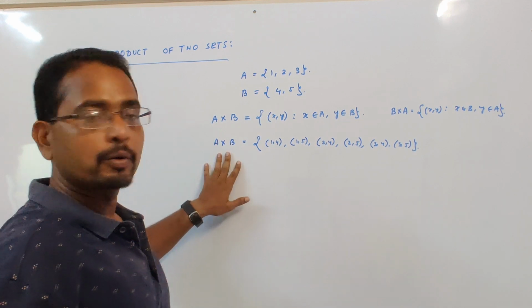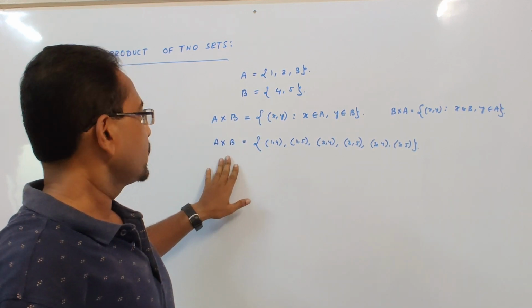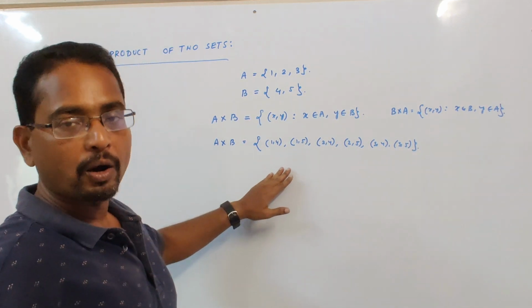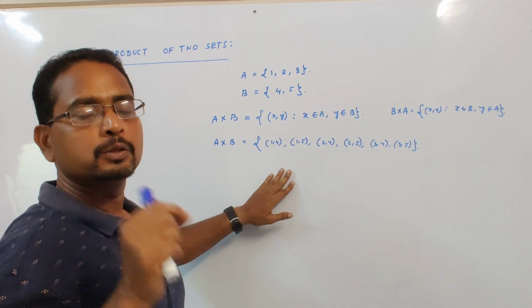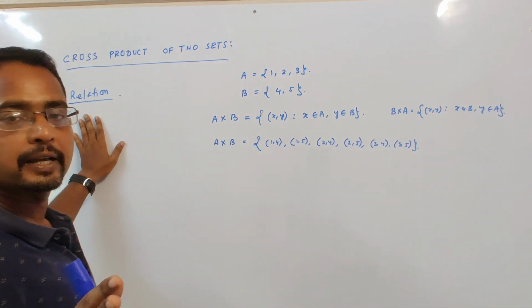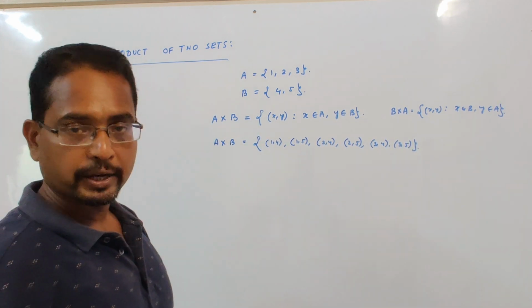Like over here we have the cross product of A and B, where A cross B is a set in which we can see the elements are all ordered pairs. So what is a relation? A relation is nothing but a subset of the cross product of two sets.